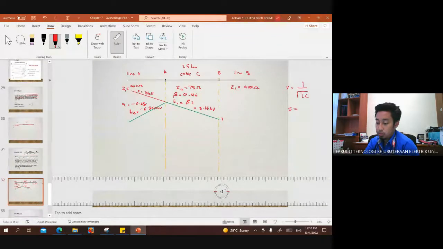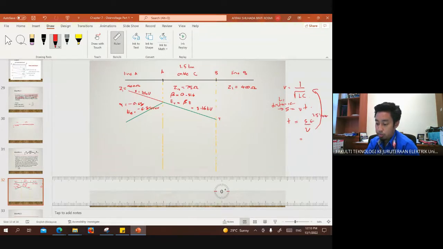So kita nak tahu dia punya T dia adalah S equal to VT. S means here the distance, atau the value of length dia. Okay, nak dapatkan T equal S over V. So you find the nilai V and then you will got the value. The value S is equal to 1.5 kilometer and then you can get the value of T.